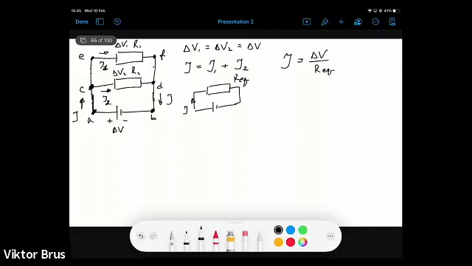So we can write this for the equivalent circuit on the right with the equivalent resistor. And the same current will be equal to the sum of these two currents.